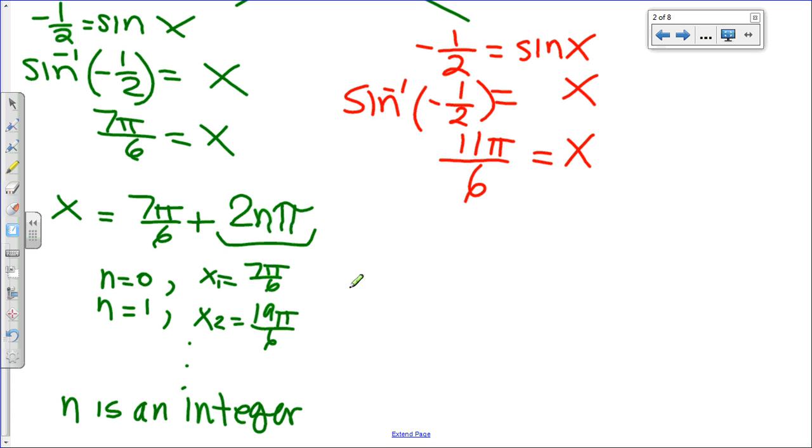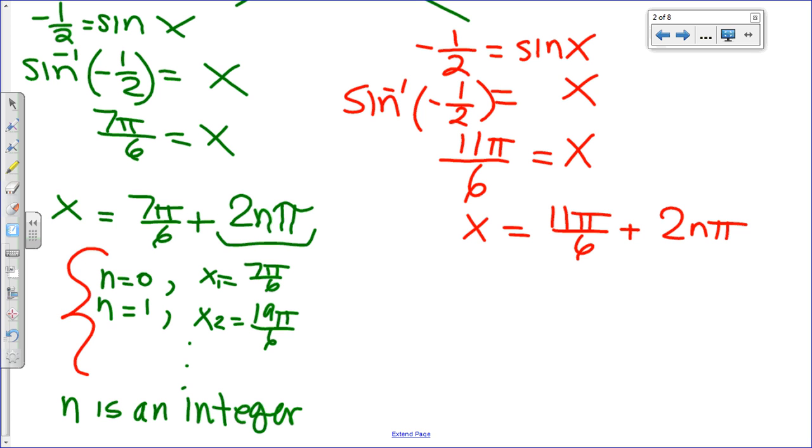Now with the other solution that we have, we will list it like this: 11 pi over 6 plus 2n pi. And it will be similar to the case that we have. Okay? Do we have any questions about that? Please ask me.